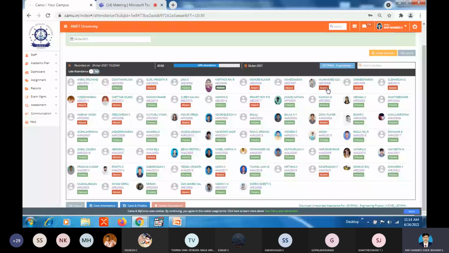In a regular class, we have to complete the attendance within a few minutes. When the faculty enters your classroom, initially he or she takes only the attendance, and after completing it they go for the lecture. But here many of them are joining only at the last.